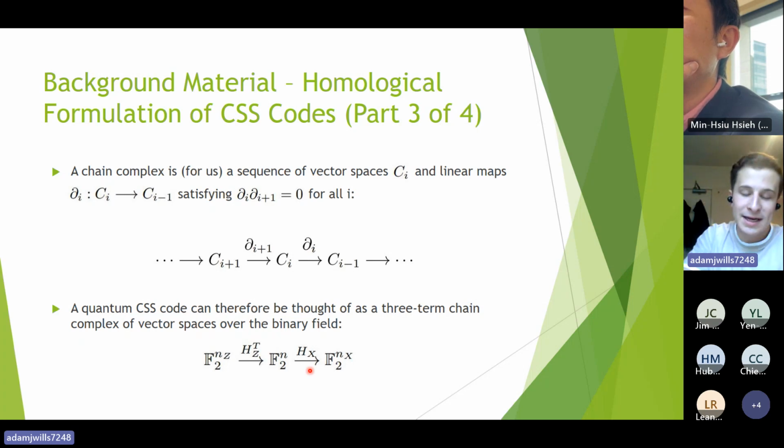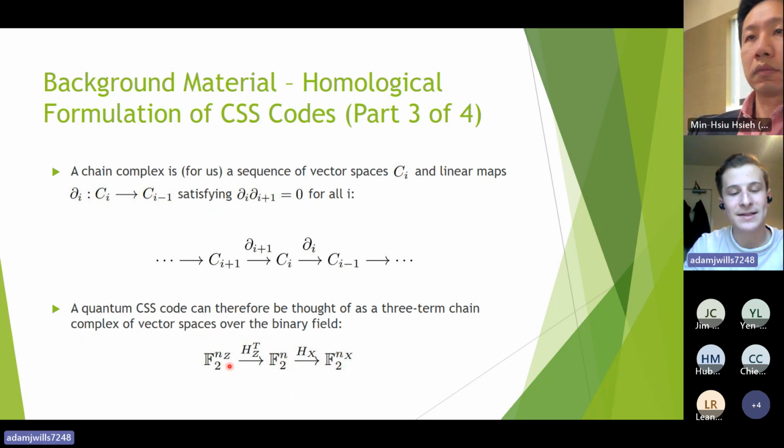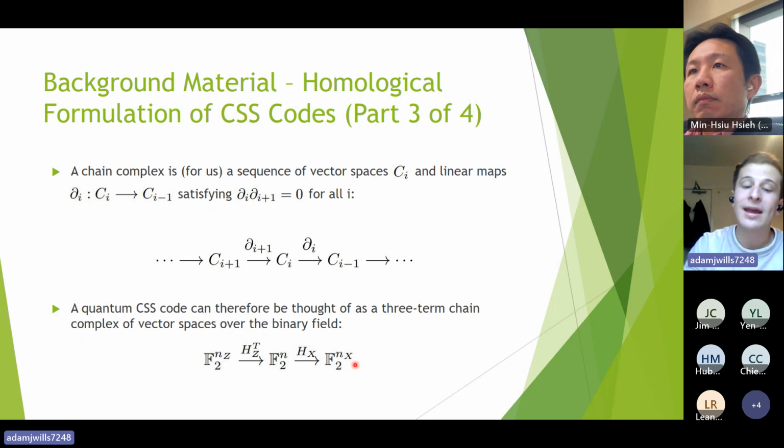And so this is a representation of a binary quantum CSS code on n physical qubits with n sub x X checks, and n sub z Z checks, meaning n sub x X stabilizers, and n sub z Z stabilizers.